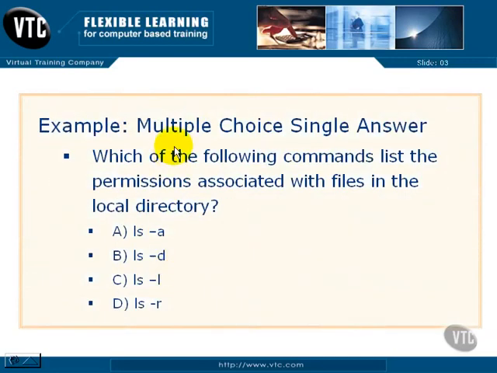The first type of question is pretty basic, multiple choice, single answer. Perhaps something like this. Which of the following commands lists the permissions associated with files in the local directory? To answer this question correctly, you need to know the switches associated with the ls command.